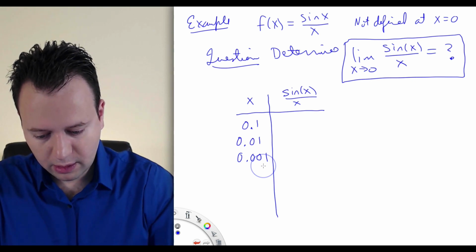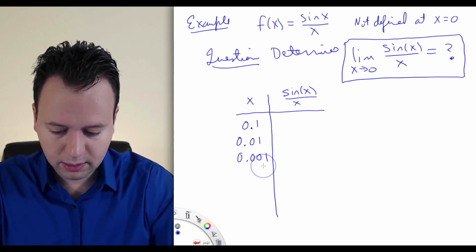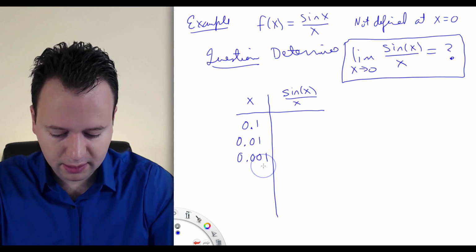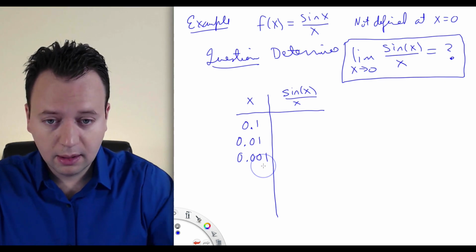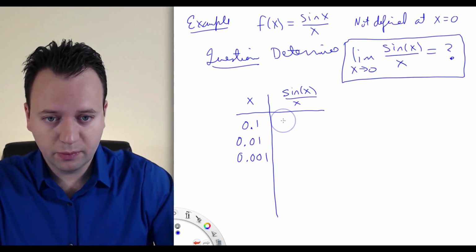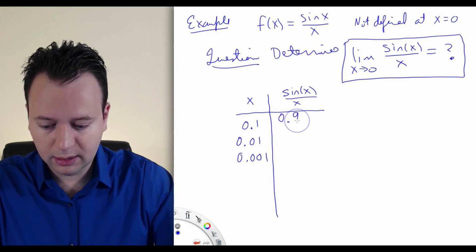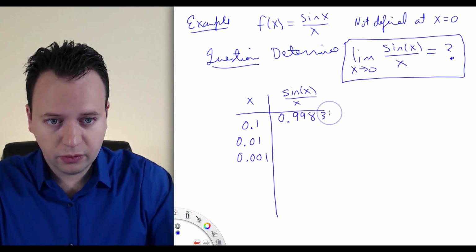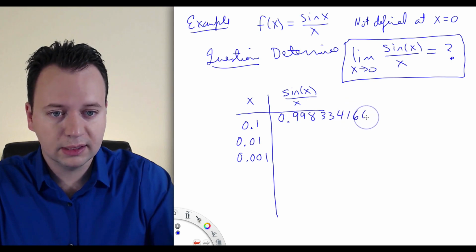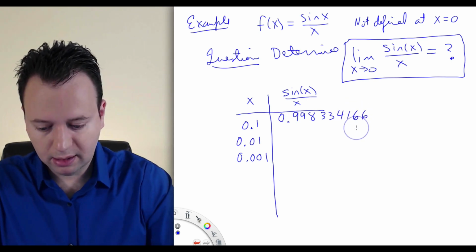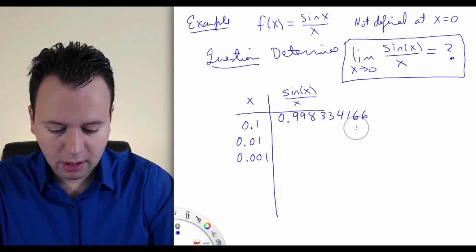So if I compute 0.1, hit the sine button, and then divide it by 0.1, I get the following. So the output would be 0.998334166.